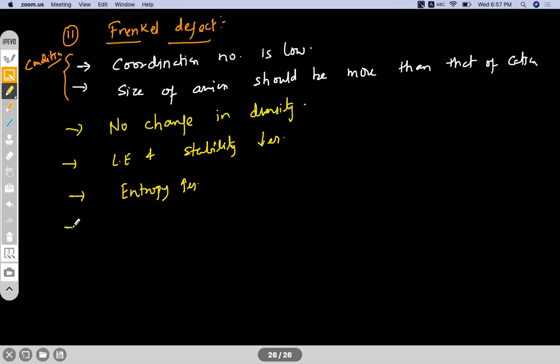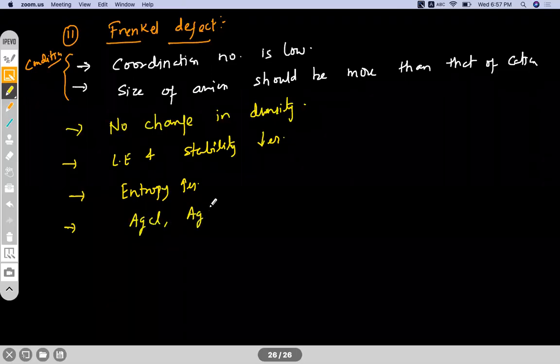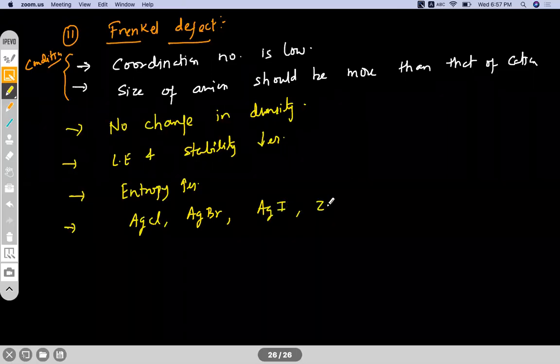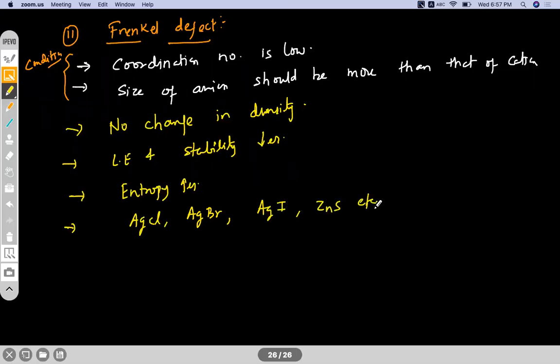The molecules which show this kind of defect are AgCl, AgBr, AgI, ZnS. AgBr, again I'm writing it down here, it is important. All these show Frenkel defect.